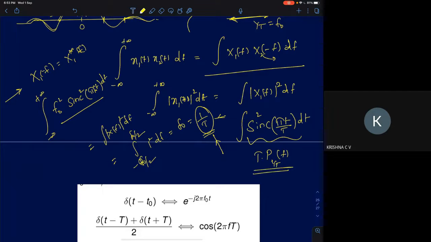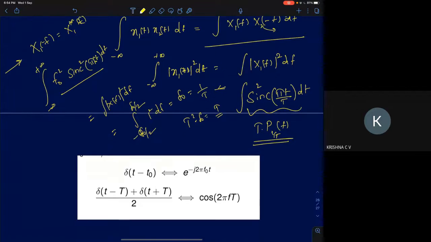It's a pulse function in the frequency domain with an amplitude of t. So if you integrate this, you should get t square into f naught. F naught is 1 by t, so finally you will get t. It's a very tough integral to evaluate in the time domain, but very trivial to do if you use this frequency domain approach.